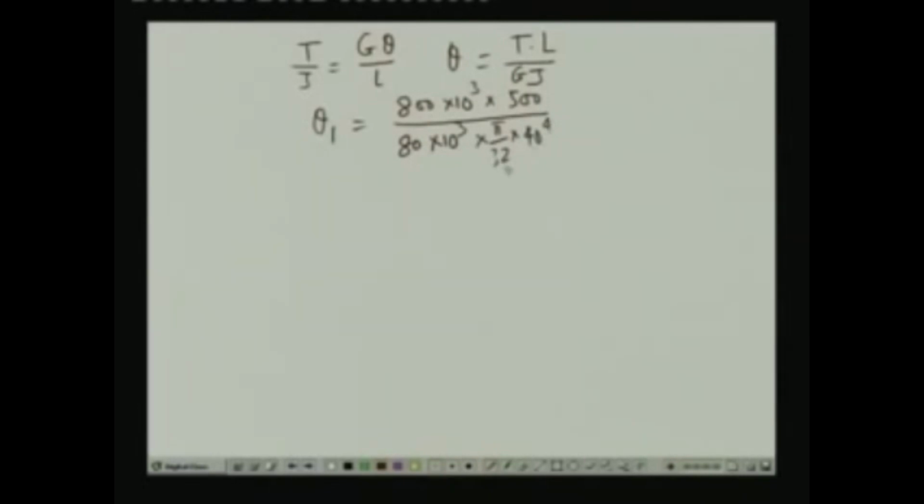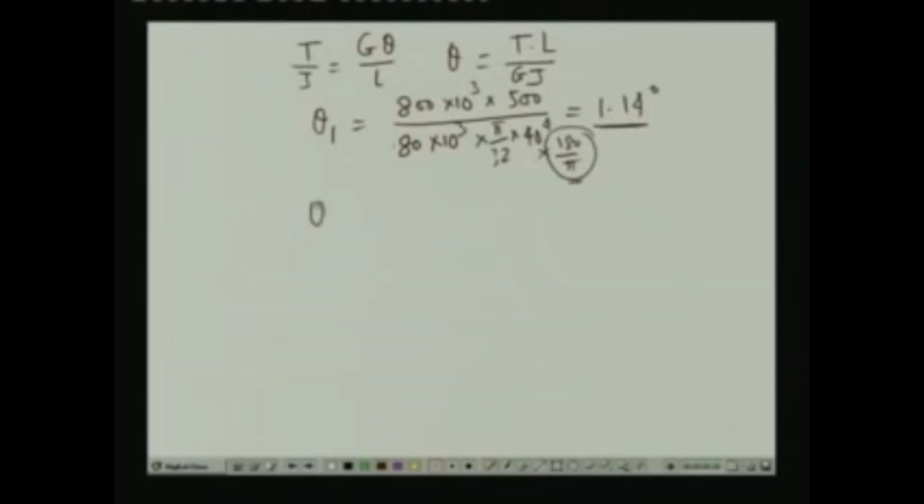So, pi d to the power 4 by 32. This will be in radian, and if we multiply that by 180 by pi, that will give us the value in degree. So, this comes out as 1.14 degree.